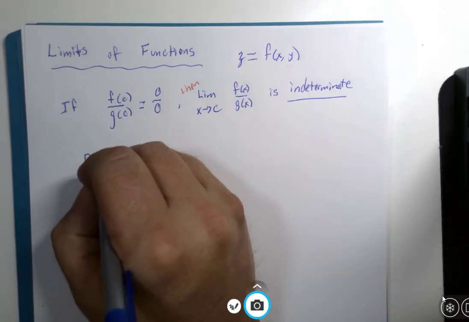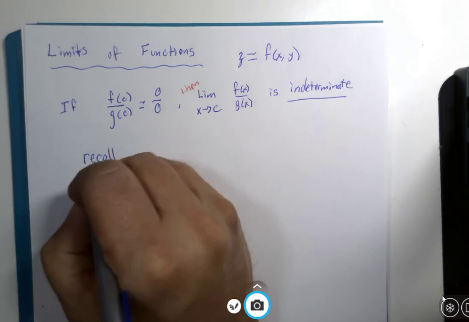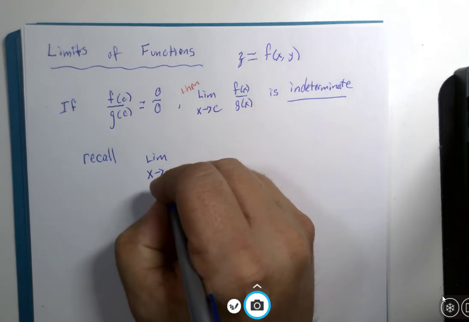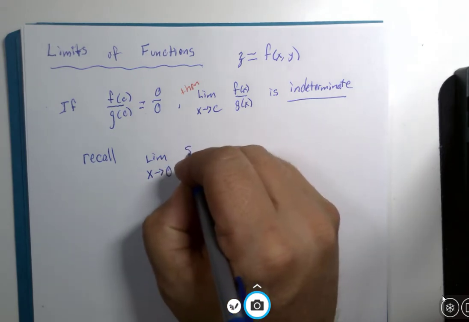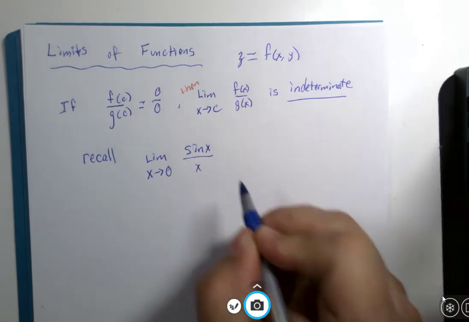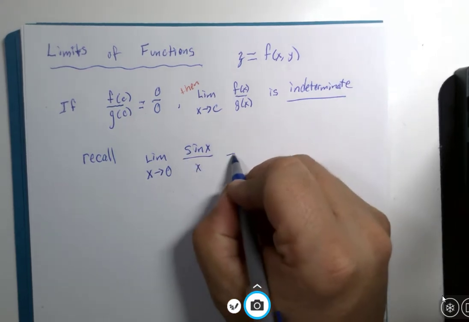If you can recall, here was a case that was the 0 over 0 indeterminate: the limit as x approaches 0 of sine x divided by x. This limit happened to be 1.